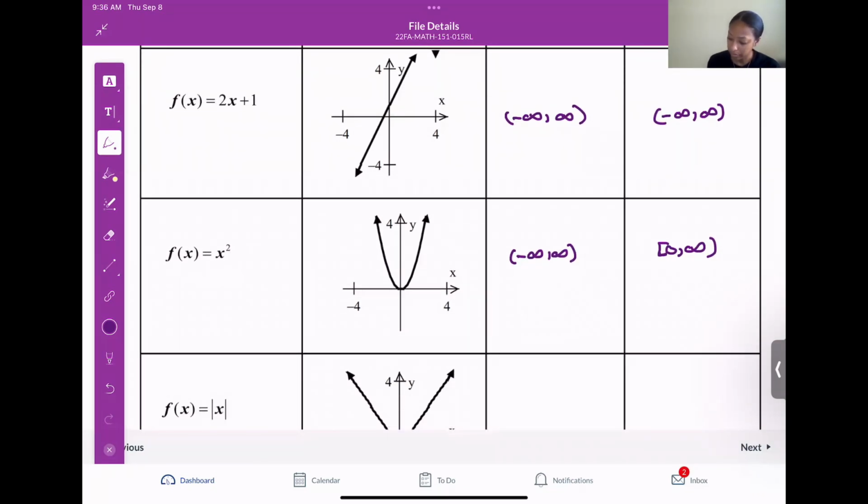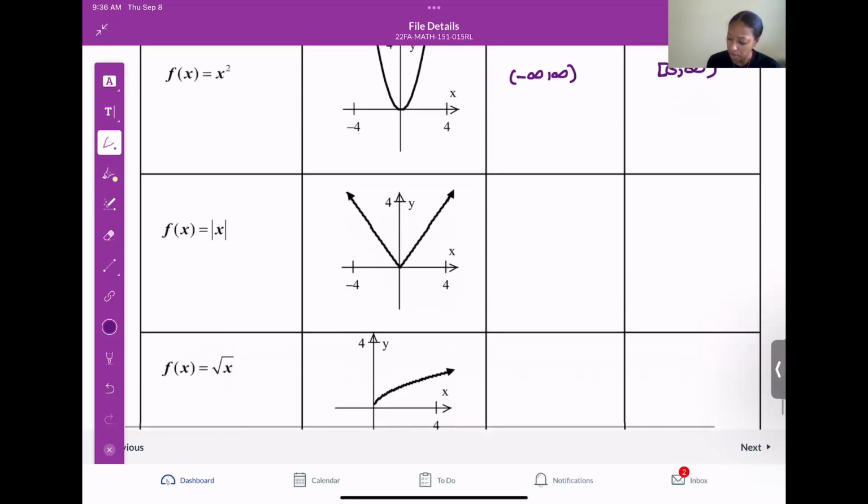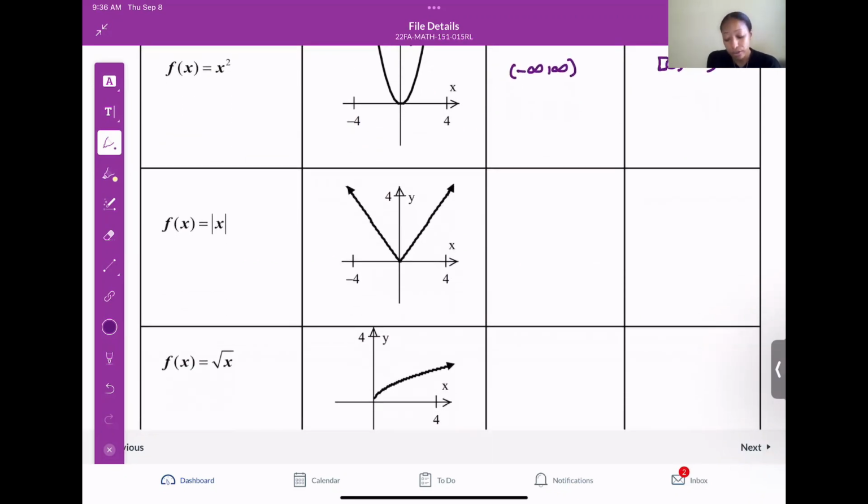All right. This is the last two. All right, absolute value functions and square root functions. So for this absolute value function, the absolute value of x, when we look at the graph, similarly to what we saw for x squared, the graph is above the x-axis and it's going up on both ends.